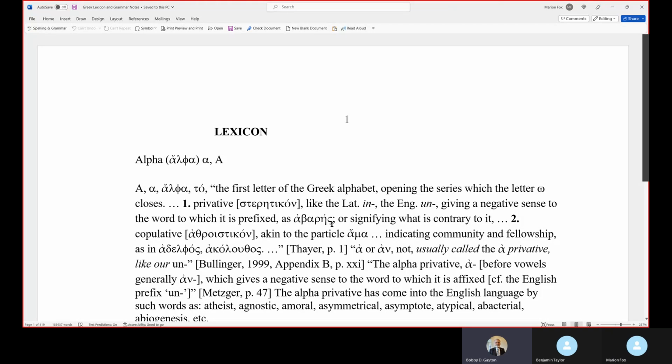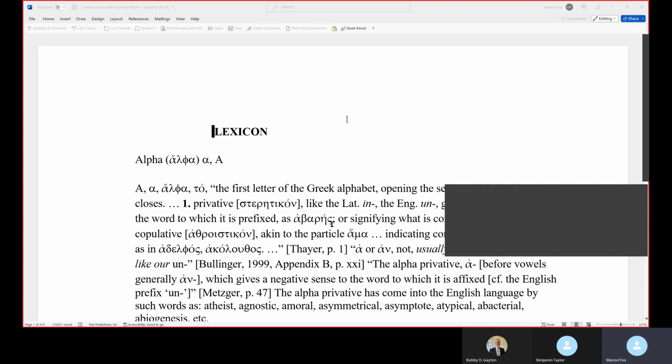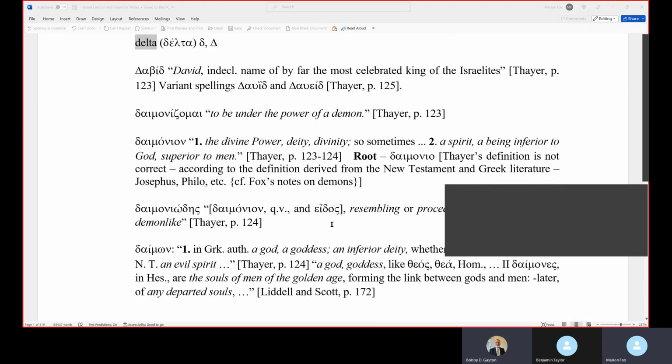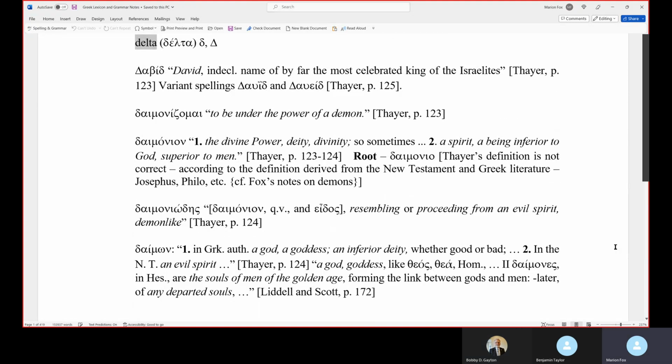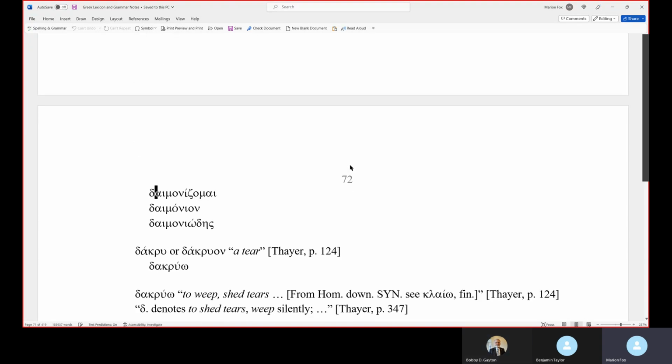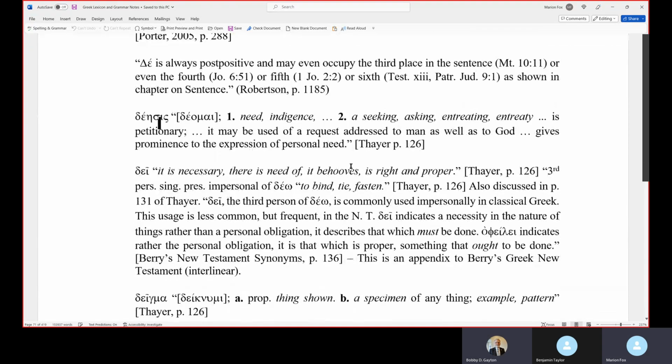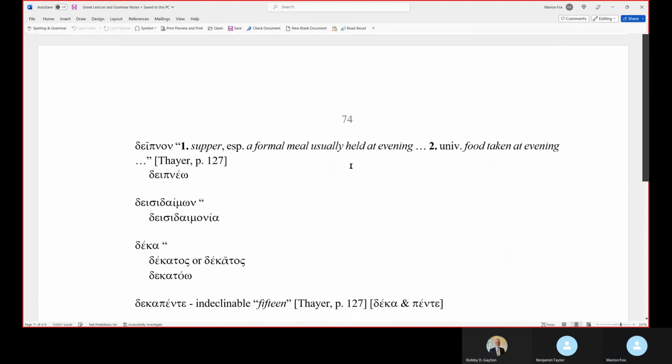Yes, sir. All right. Benjamin, are you seeing it? Yes, sir. Okay. And I'm going to go to search, Control H, and I'll get delta. Down to delta. It's got nearly 420 pages. So let's go alphabetically.